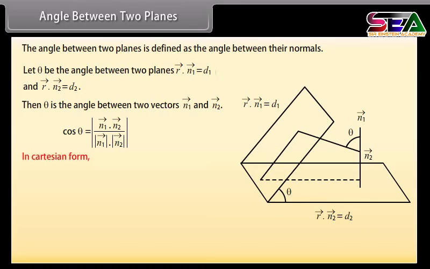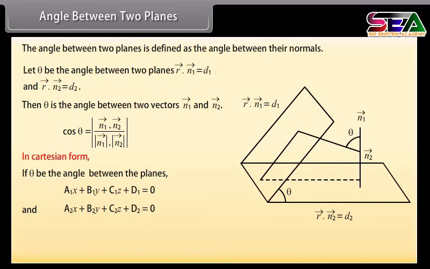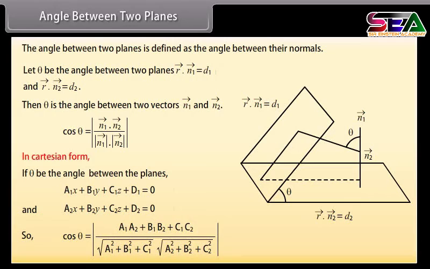In Cartesian form, if theta is the angle between two planes a1x plus b1y plus c1z plus d1 equals 0 and a2x plus b2y plus c2z plus d2 equals 0, then cos theta equals modulus of a1a2 plus b1b2 plus c1c2 divided by square root of a1 square plus b1 square plus c1 square into square root of a2 square plus b2 square plus c2 square.